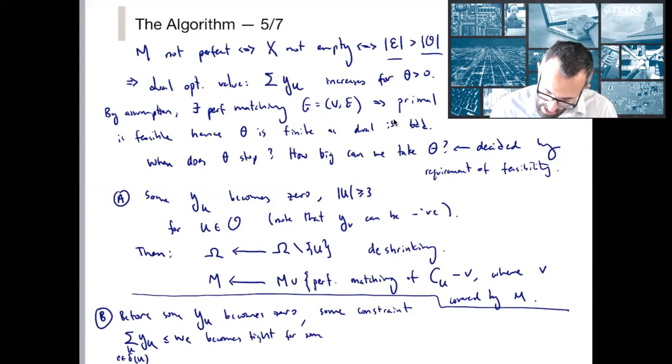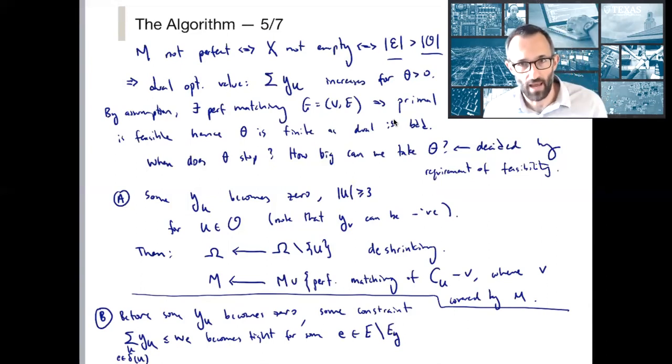For some edge E, that of course has to be in this original edge set minus the tight edges we had before. Okay, so this is something else that could happen.